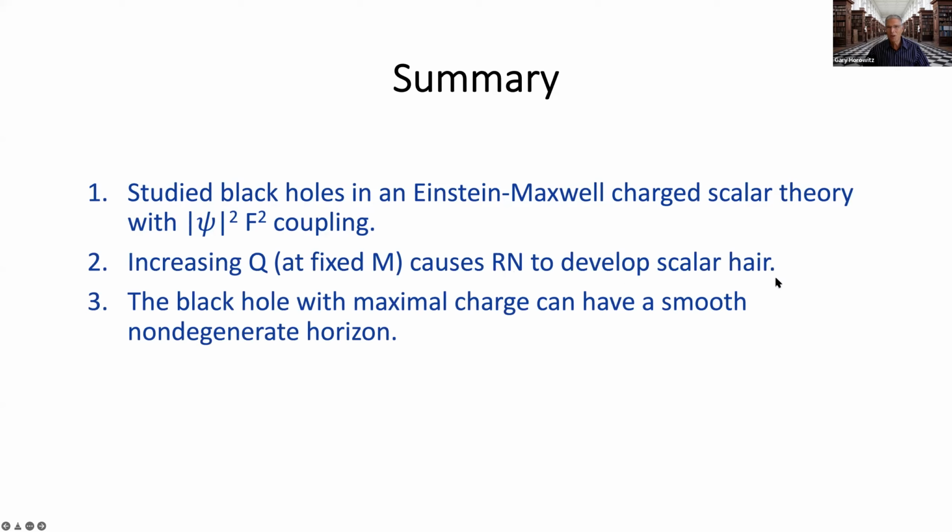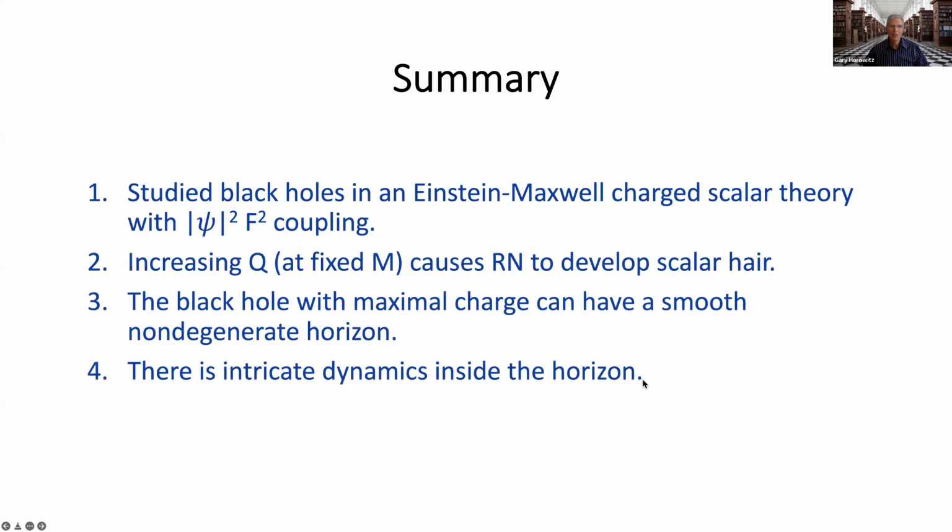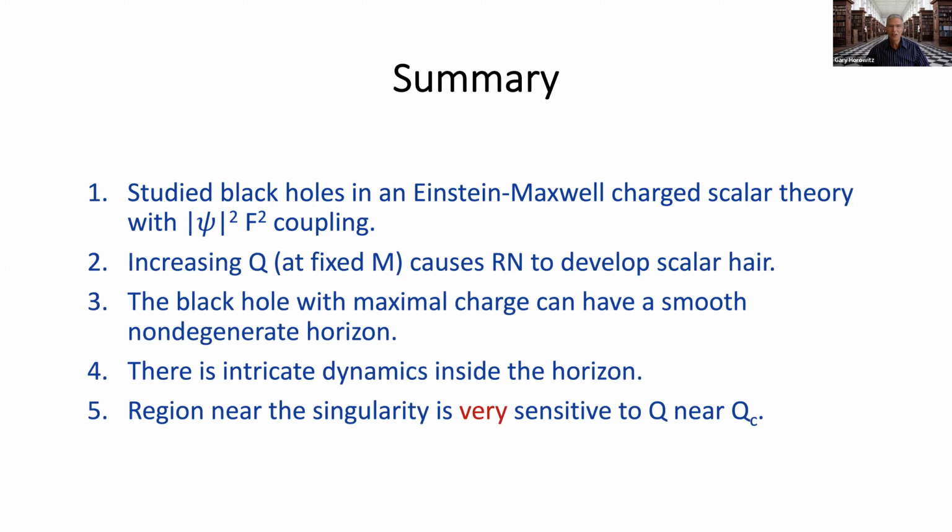The black hole with maximal charge can have a smooth, non-degenerate horizon. There is intricate dynamics inside the horizon, as we just saw, and the region near the singularity is extremely sensitive to the charge on the black hole near this onset of the scalar instability. And I will stop there and take any questions.